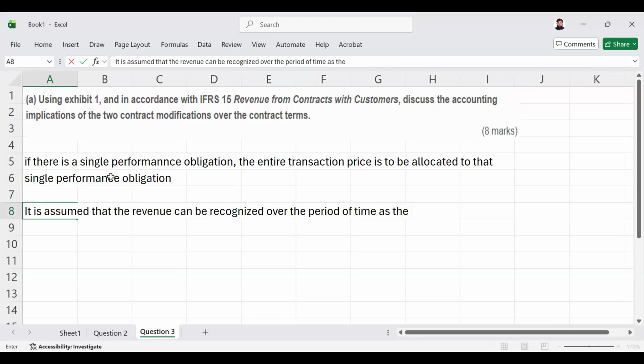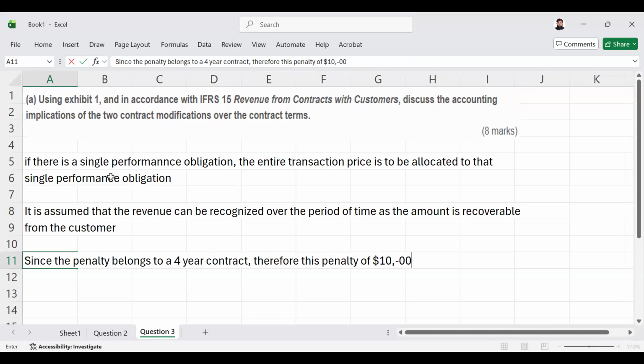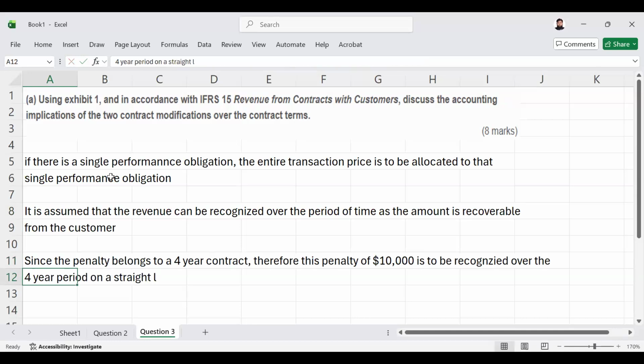Since the penalty belongs to a 4-year contract, this penalty of $10,000 is to be recognized over the 3-year period on a straight line basis and added to the total contract price.